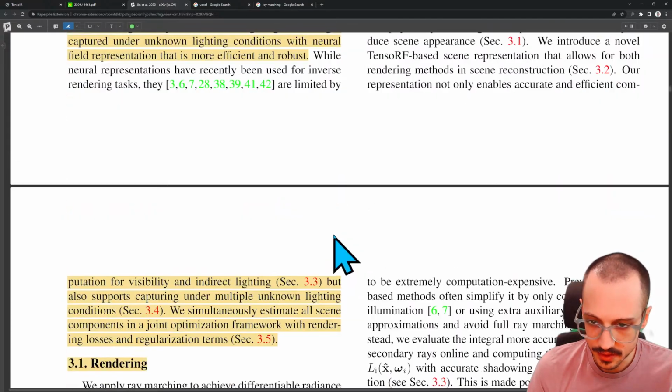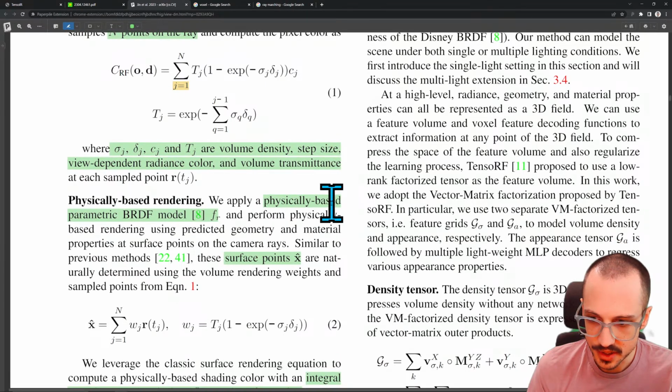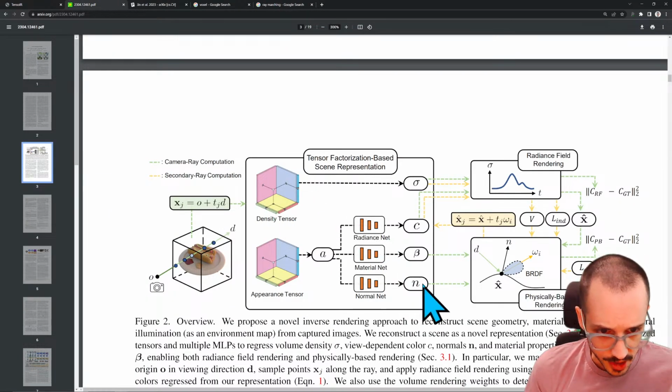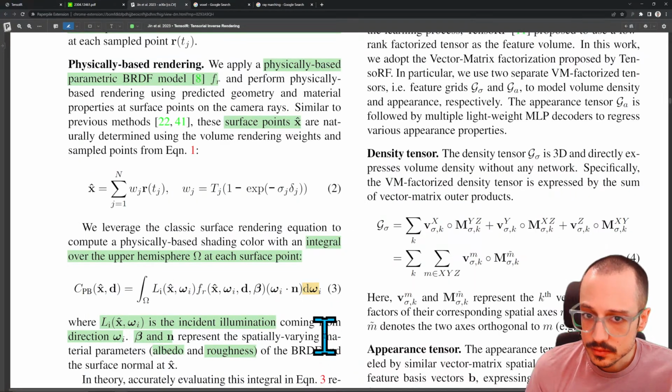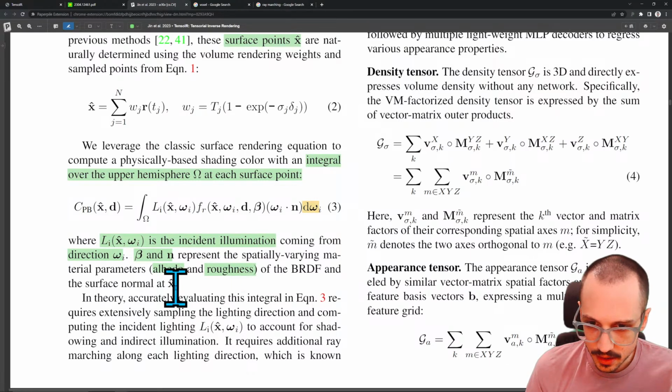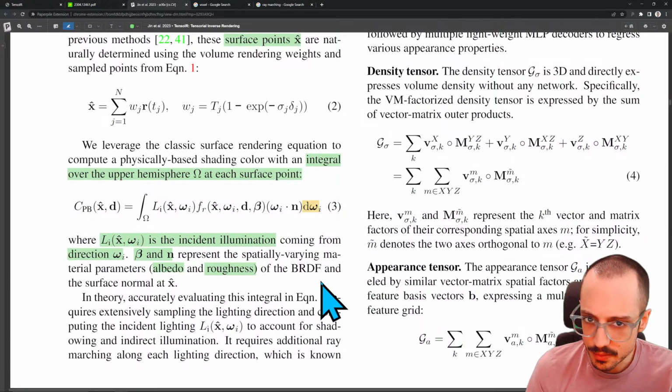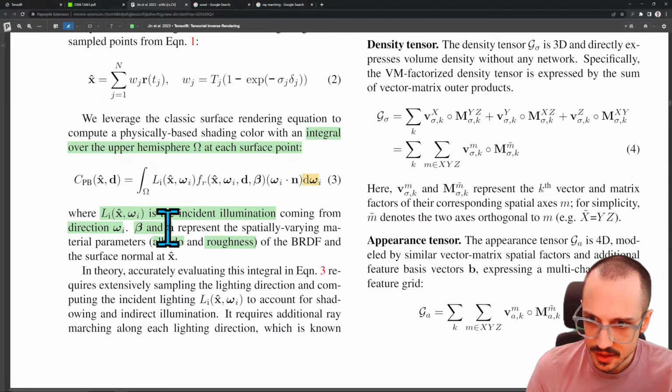So that's good. Sorry, I was almost scrolling up to the thing rather than actually reading it. So here we go. The beta is going to come out of your material net, and n represents the roughness, which is coming out of your normal net. I don't know, this is probably wrong. n probably represents the normal vector.